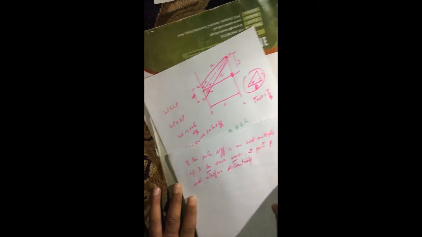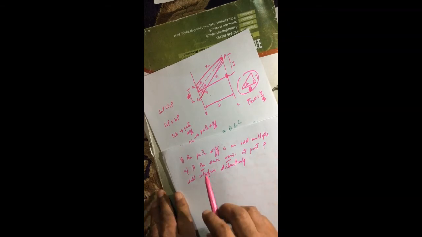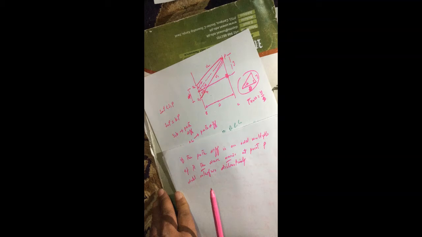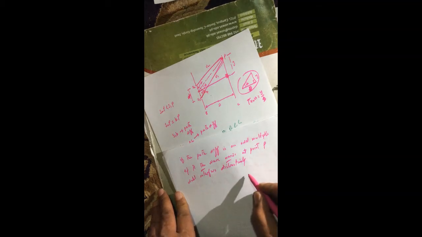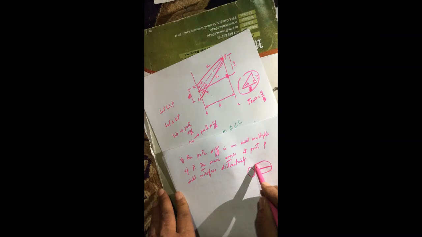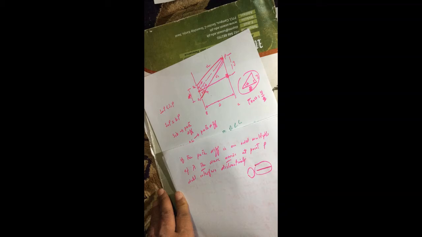Why do they interfere destructively? Because the two rays are exactly out of phase, meaning the crest of one wave falls on the trough of another wave. So the resultant wave will be a zero wave. The two waves interfere destructively, so there will be a dark spot at point P.